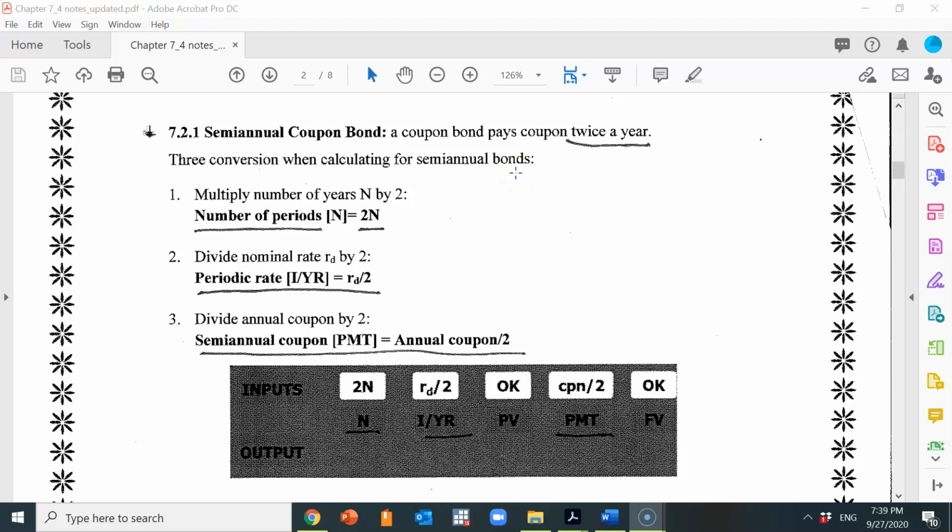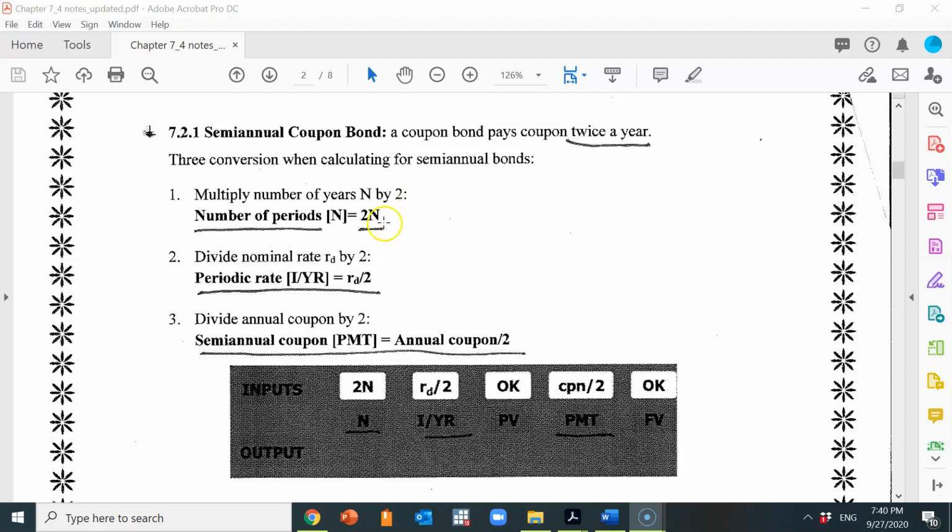Just like how we worked with present value or future value questions in the time value of money chapter, when we switch to semi-annual payments, we also make these 3 conversions. Here we're applying the same skills to the bond situation.